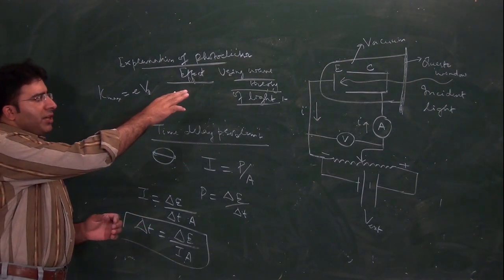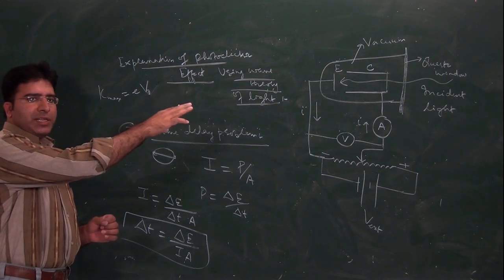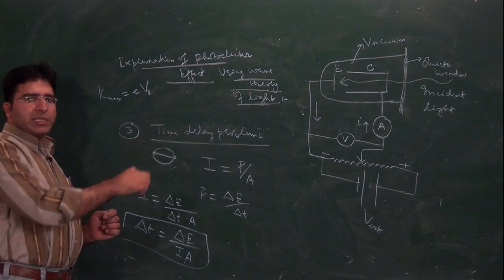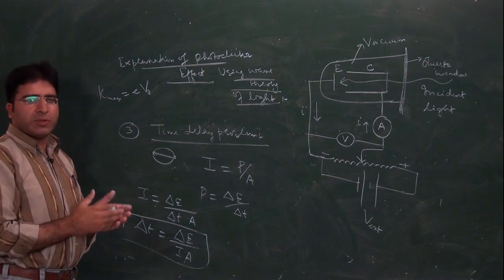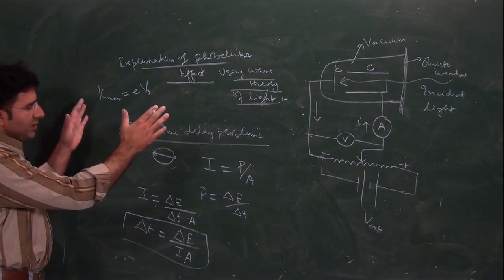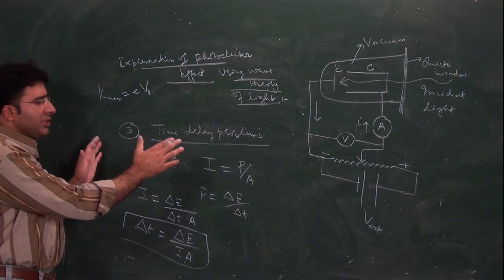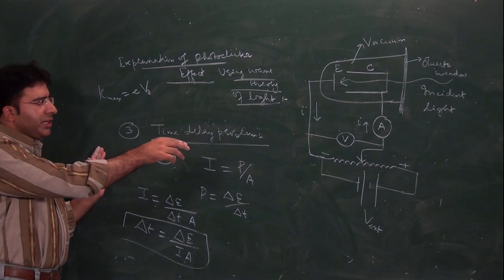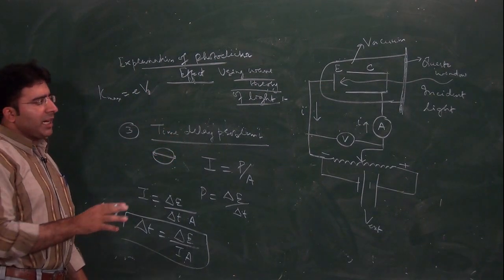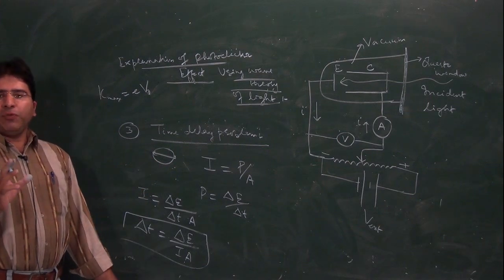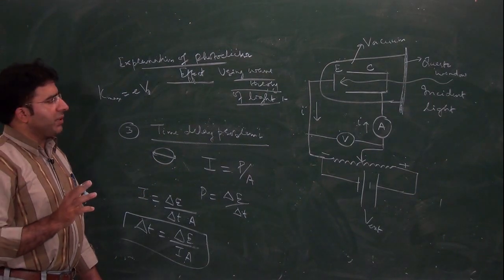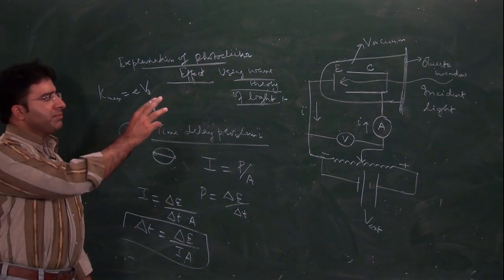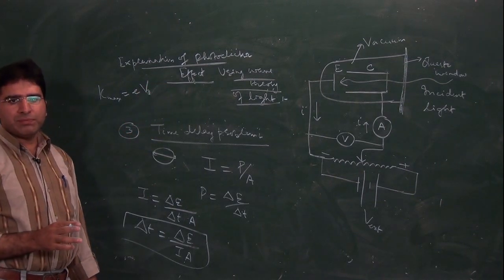So we say the photoelectric effect is always instantaneous. There is no time interval between the striking of light on the metal surface and the ejection of the electrons from the metal surface. So there is 100% contradiction between wave theory and the experimental findings of the photoelectric effect. That's why we say, if we treat light as an electromagnetic wave, it is impossible to explain the photoelectric effect.